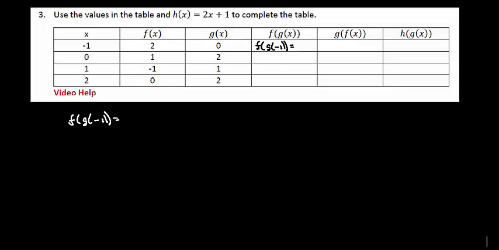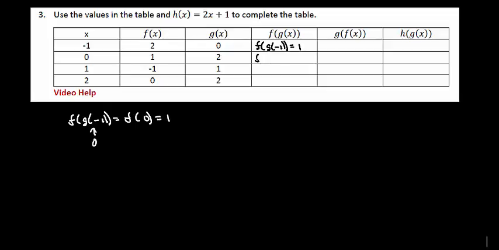When -1 gets plugged into g, the output is 0. Now we have to find what is f at 0. So let's look in the table. Here's x equals 0. So f at 0 is 1. So this expression is equal to 1. And that's it. So let's go ahead and try the next one.